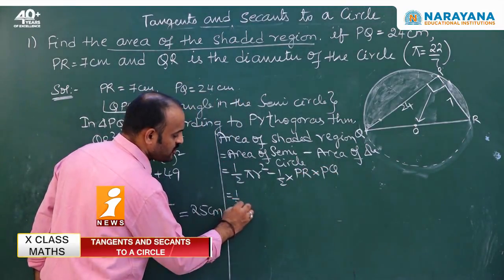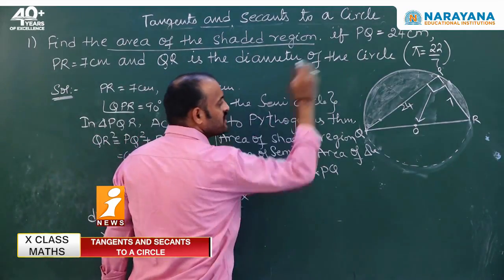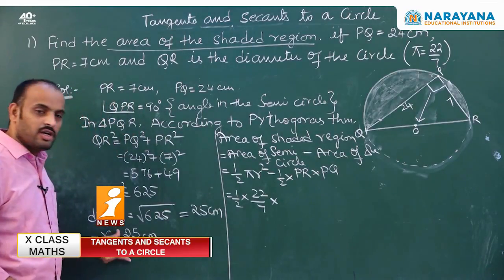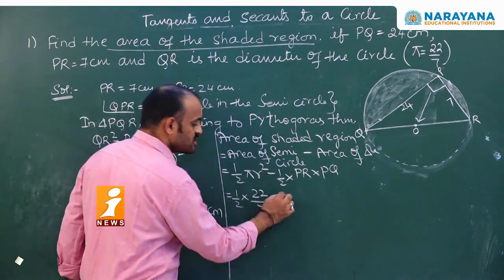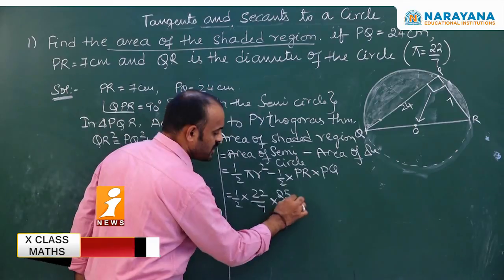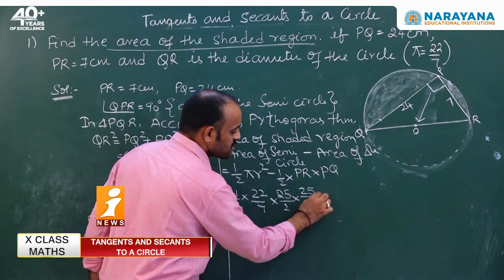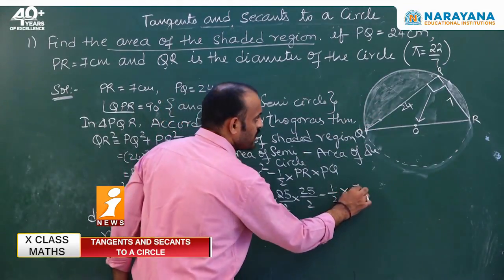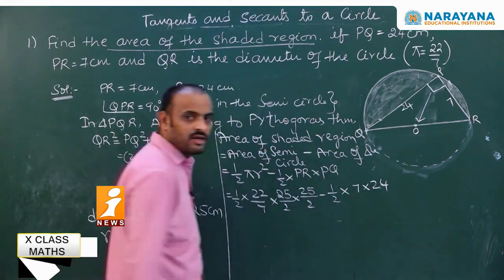Substitute the values. Half into pi, they have given us 22 by 7. Radius 25 by 2, square is there, so 2 times I need to multiply. Minus half into PR is 7 and PQ is 24.